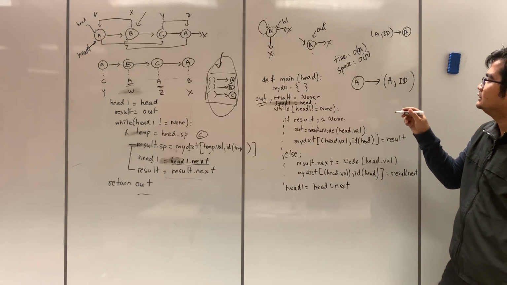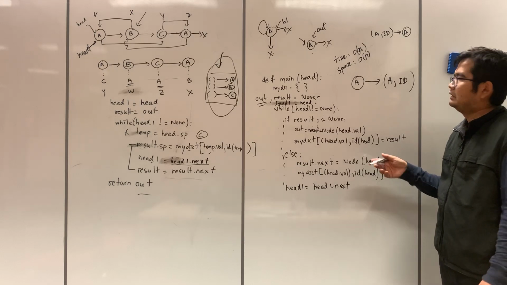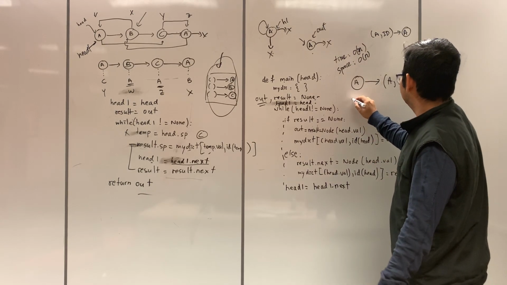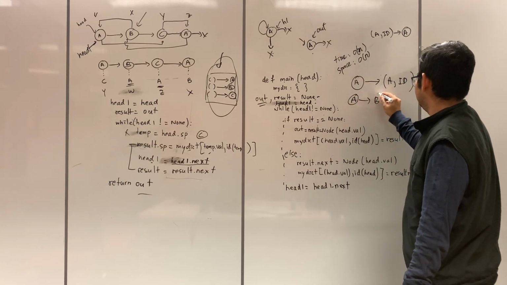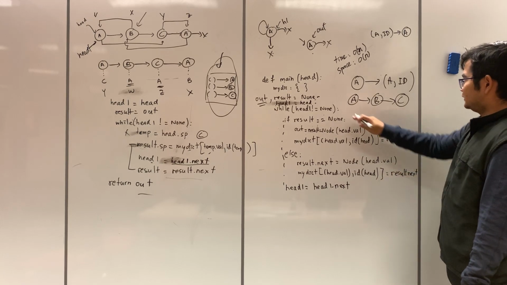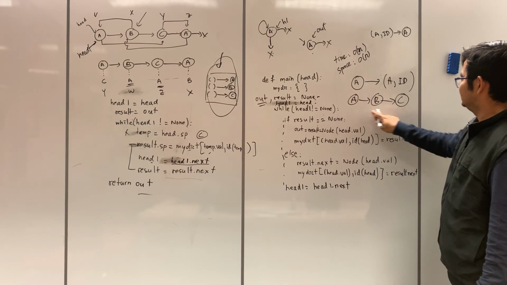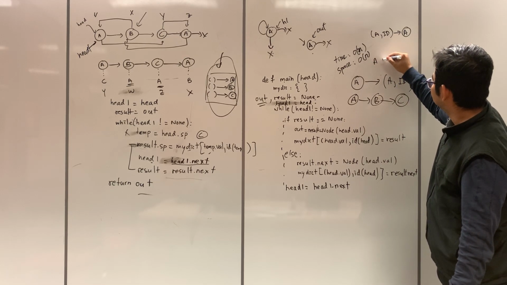But still, we need to traverse one more time to assign them. Because let's say that we have A, B, and C, right? So first we need to clone the whole linked list. Let's say that this would be the original.